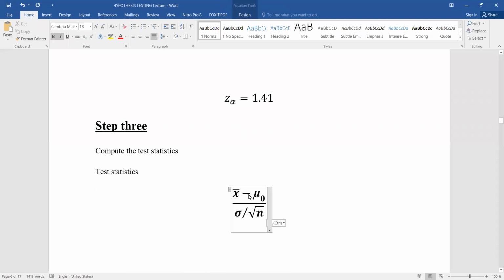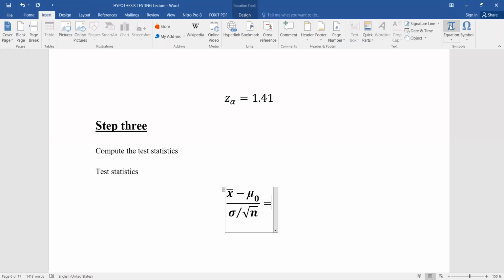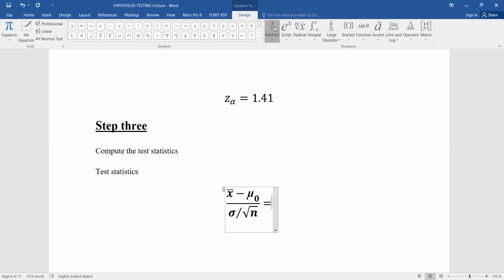So X bar, we do it together. Our X bar from the question was 83, not so?